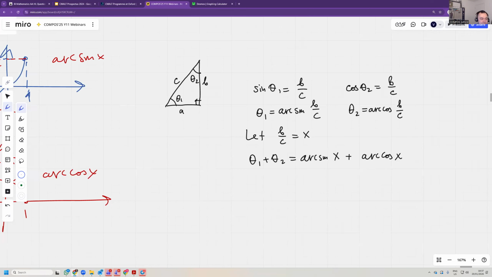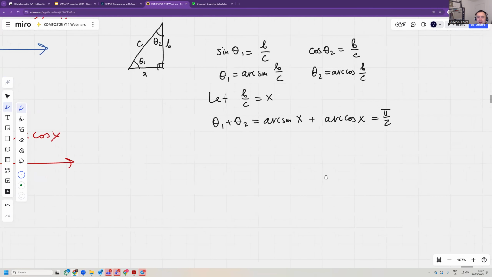Now, in a right angle triangle, what is theta 1 plus theta 2? Yes, Cheyenne, you're correct. 90, or pi over 2 in this particular case. It is pi over 2. So whatever theta 1 and theta 2 are, the sum will always be pi over 2.